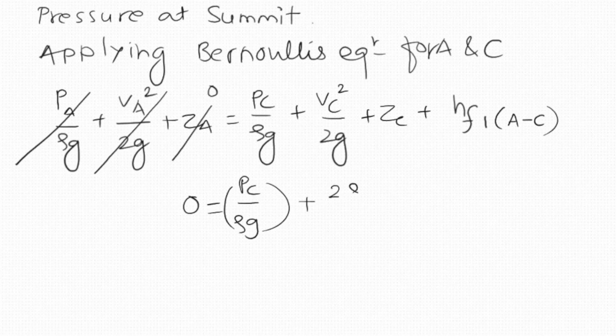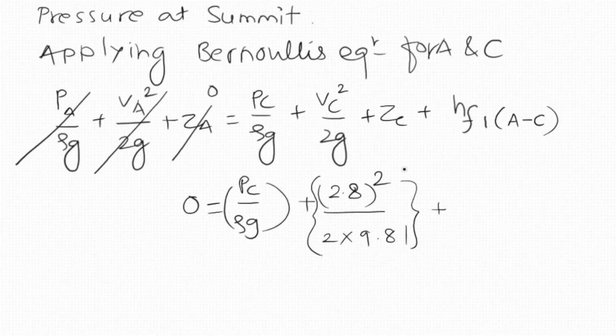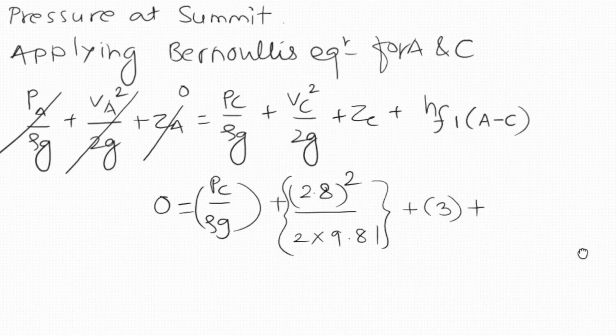So 2.8 square upon 2 into 9.81 bracket plus let C, the distance of point C from A is 3 meters, so 3 meters plus the formula for HF1.